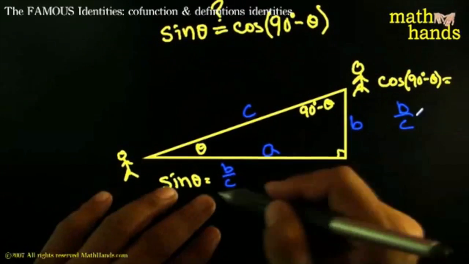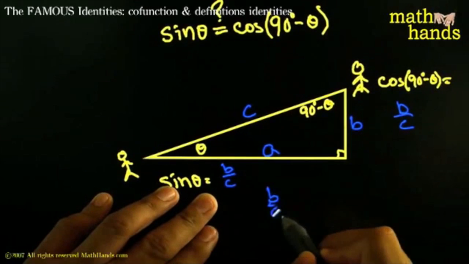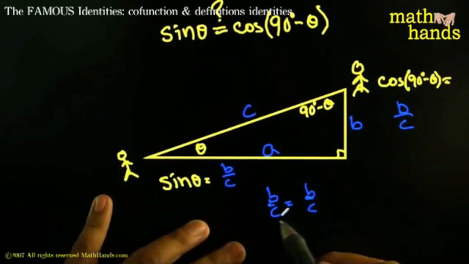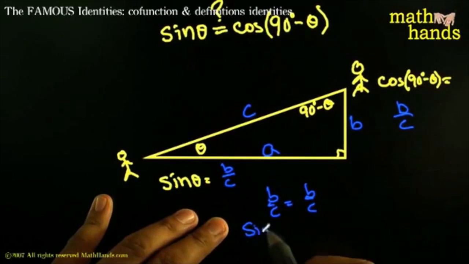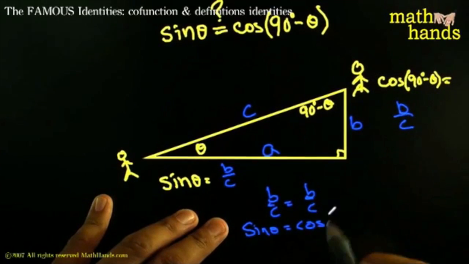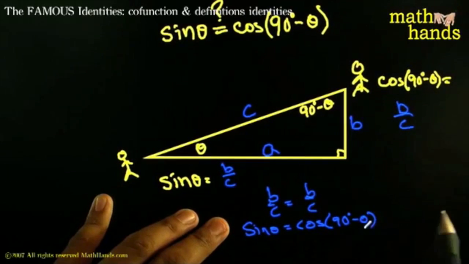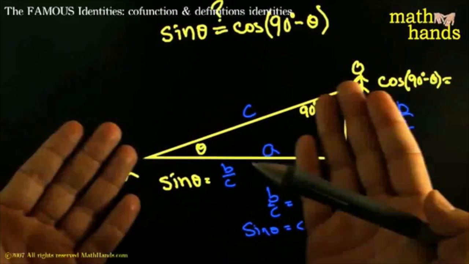And of course these are equal. B over C is equal to B over C. So this sine theta is equal to cosine of 90 degrees minus theta. And that's how you prove it.